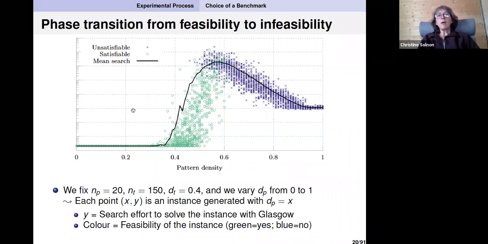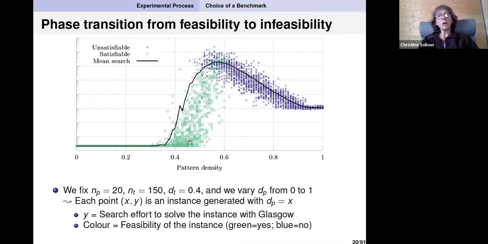So here, I plot one point for every randomly generated instance, and on the x-axis we give the probability dp of adding an edge in the pattern graph, and on the y-axis we have the solving time for a solver, which is Glasgow.